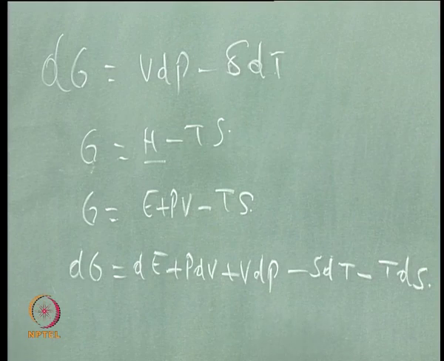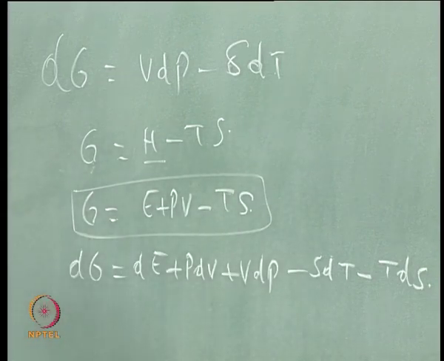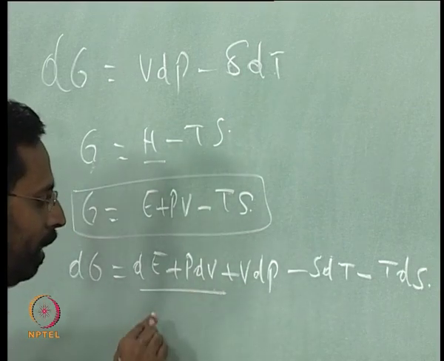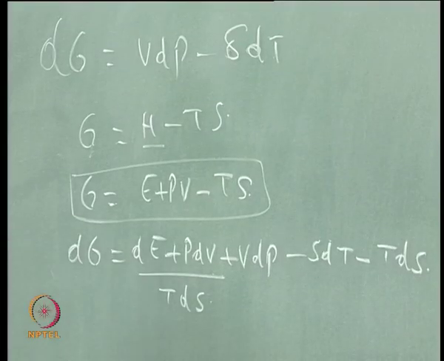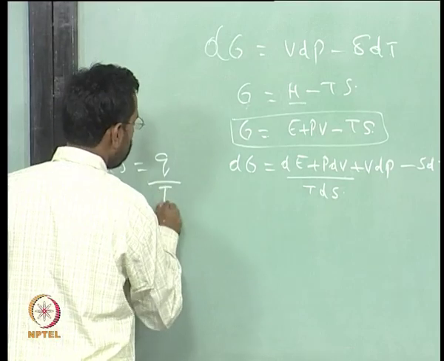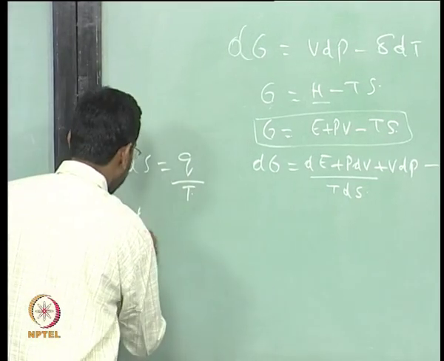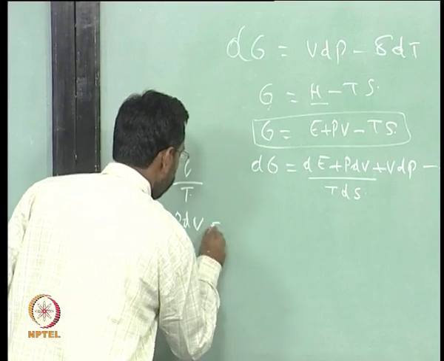Once you have this expression, we take the differential of it, and we know that dE plus PdV is TdS. That is the basic definition from the second law of thermodynamics, because you know that dS is equal to q by T, and dE plus PdV is equal to q.